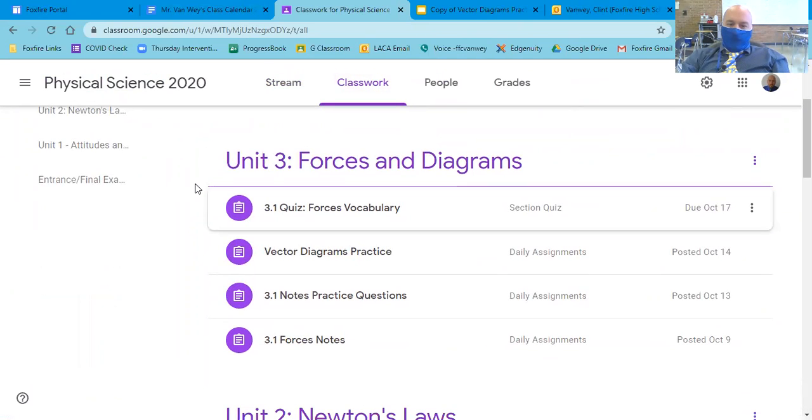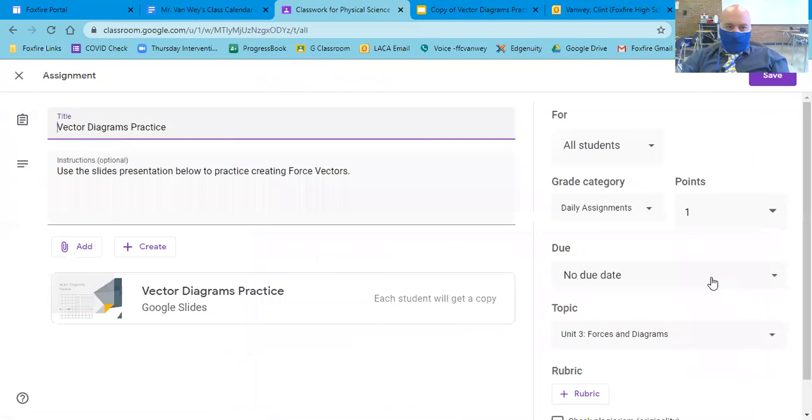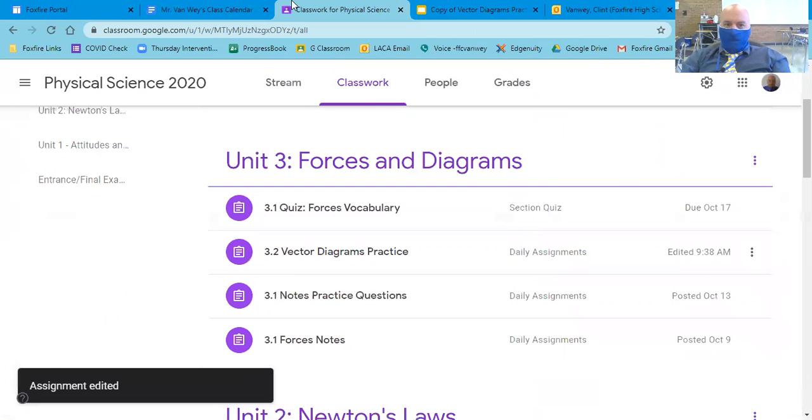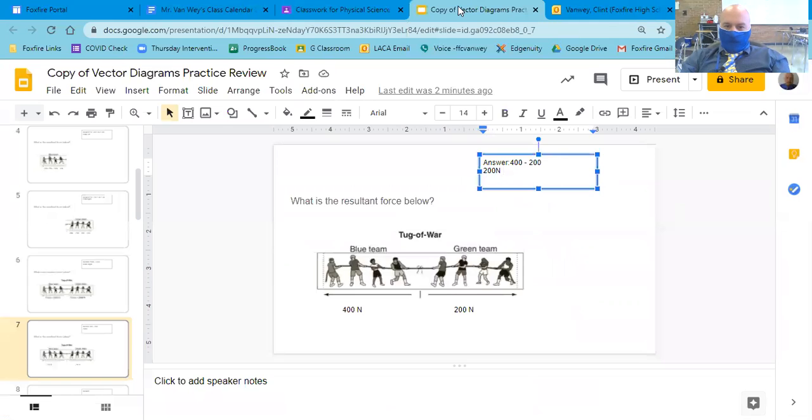We had the quiz that you guys were assigned yesterday. And here you have Vector Diagrams Practice. I should probably change the label of that and call it 3.2. Sorry about that. Okay. Yeah, Vector Diagrams Practice. And that's what we're in the middle of right here.